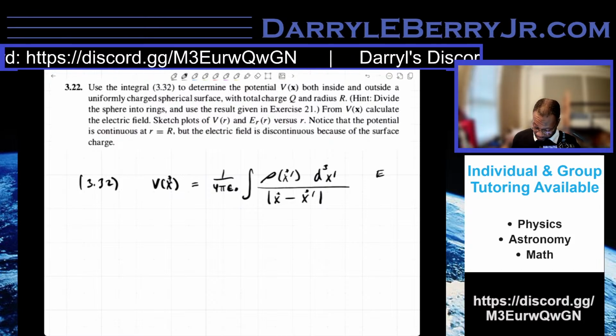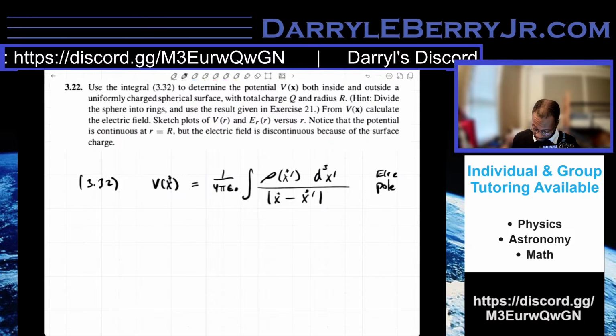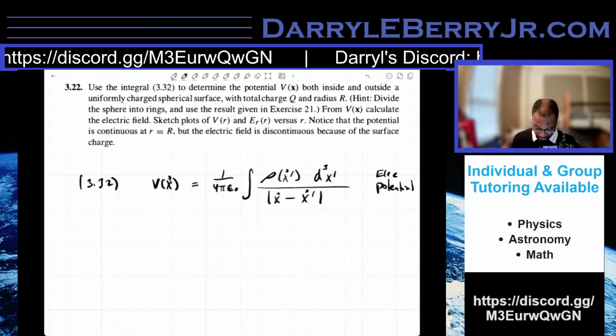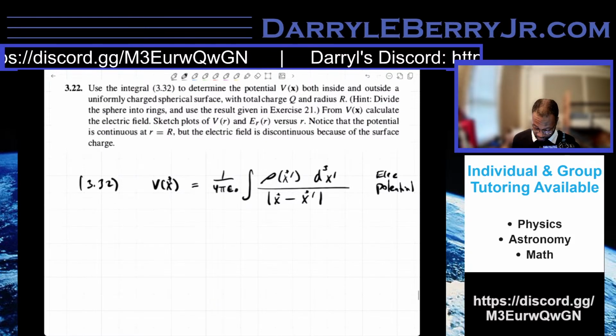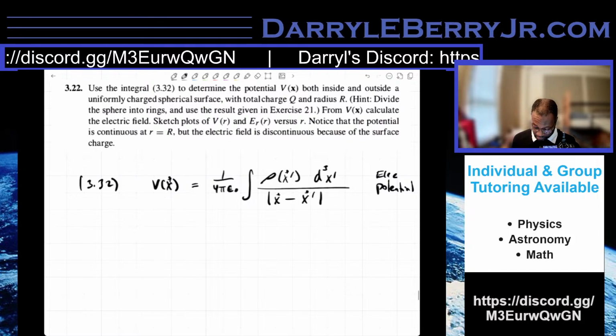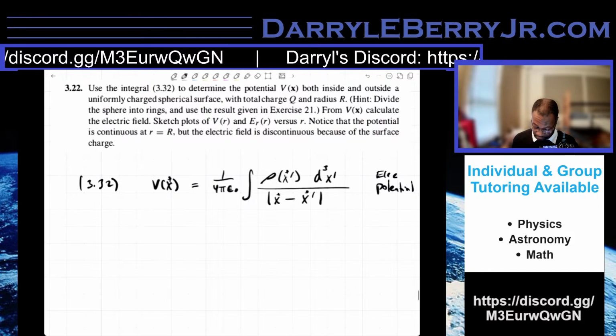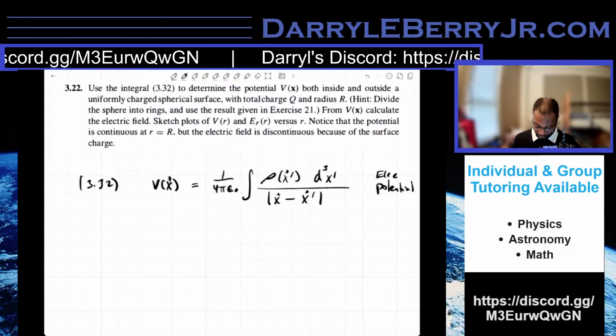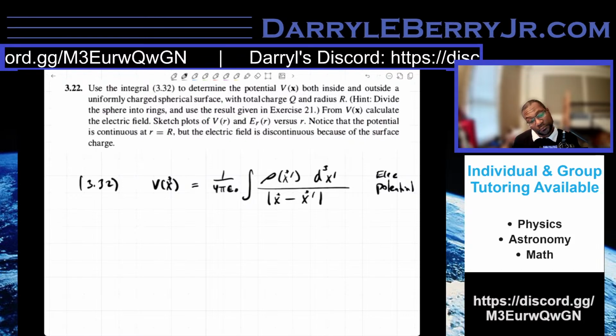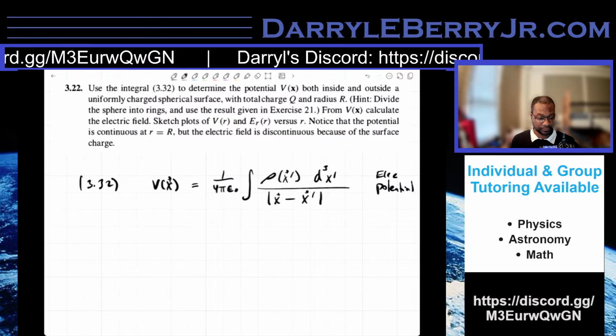That is the electric potential. It's saying use the integral to determine the electric potential both inside and outside a uniformly charged spherical surface, total charge Q and radius R. I remember this one. Let me look at the solution.